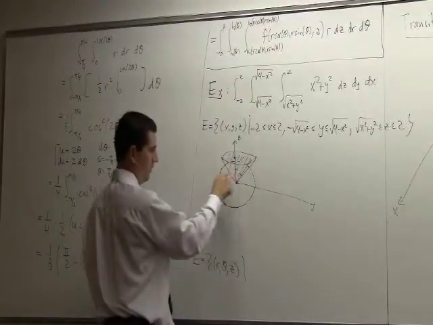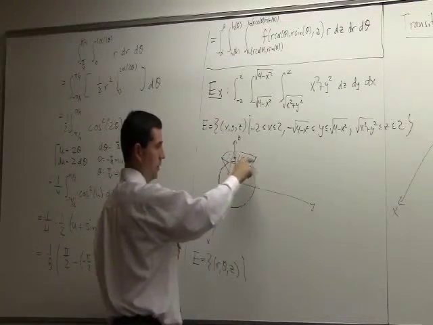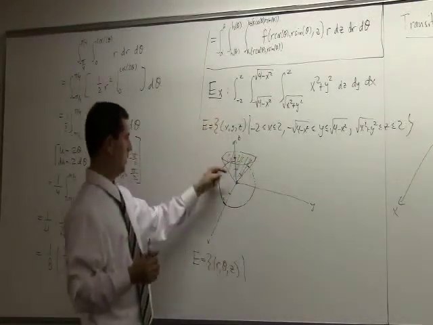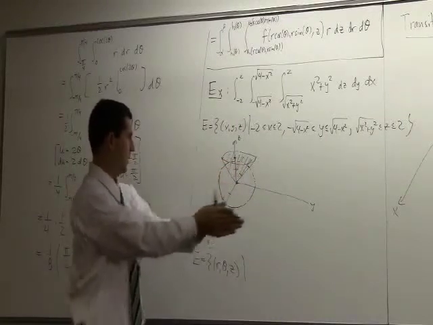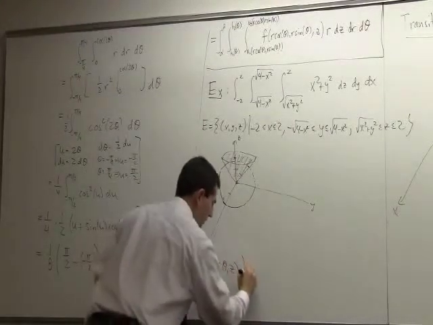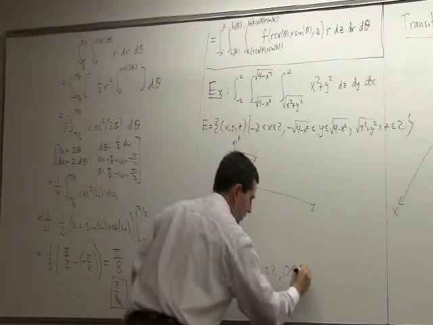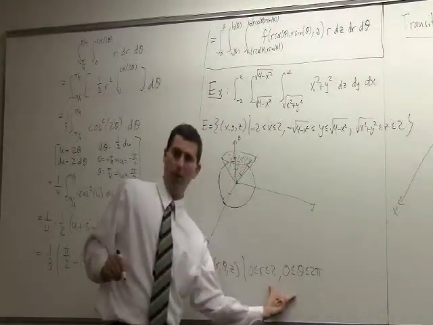At any given theta, the radius can go all the way from 0 out to 2. That's what this circle says. So the radius is going between 0 and 2, and theta is going between 0 and 2 pi. This is just telling you the circle of radius 2.